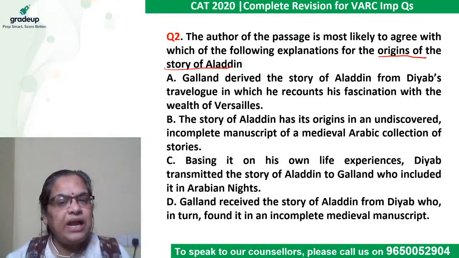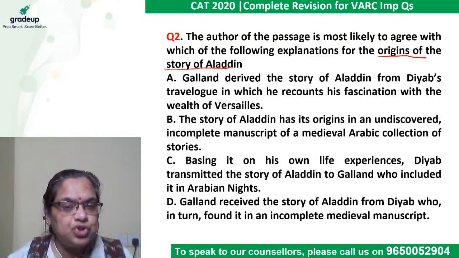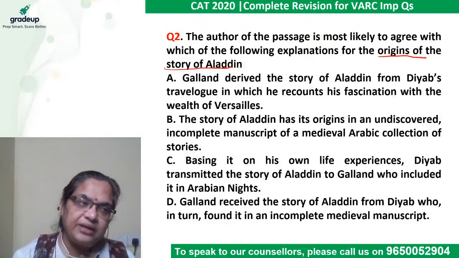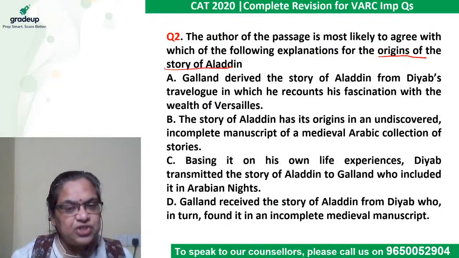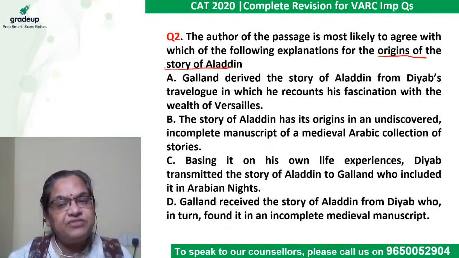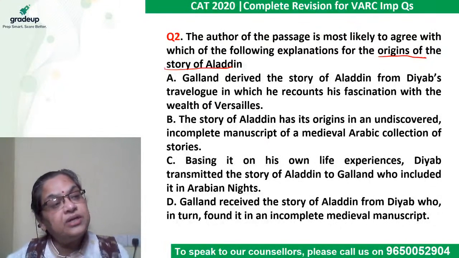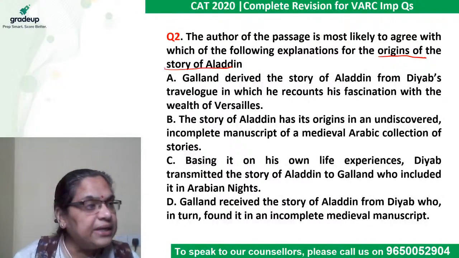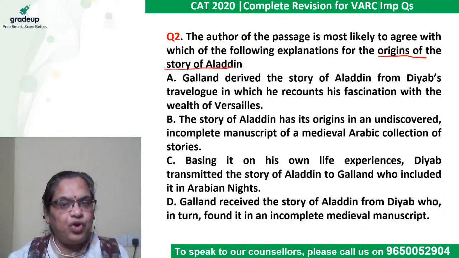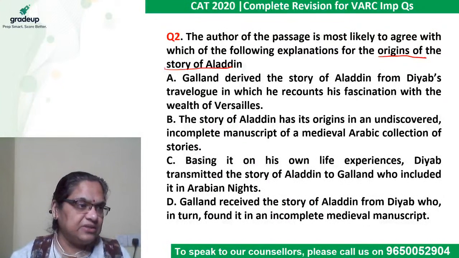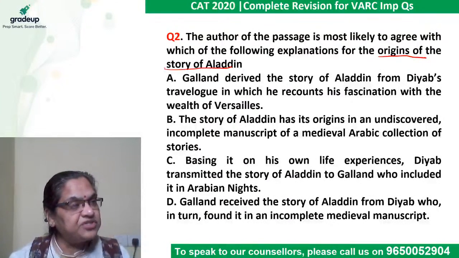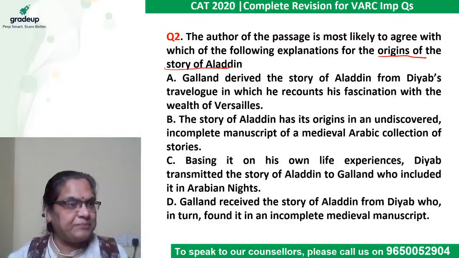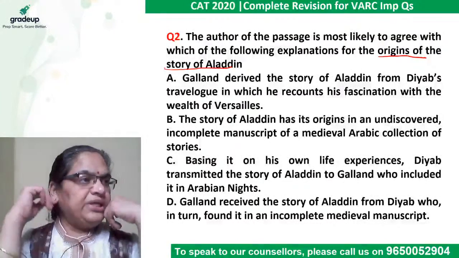Basing it on his own life experiences, Diab told the story of Aladdin to Galland, who then included it in his Arabian Nights? Or is it D, he received the story from Diab, who in turn found it in an incomplete medieval manuscript? What do you think is the answer? Got it? I've seen all answers A, B and C. Okay, no D's so far.